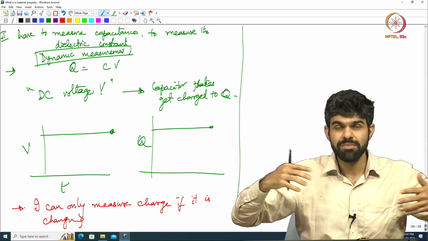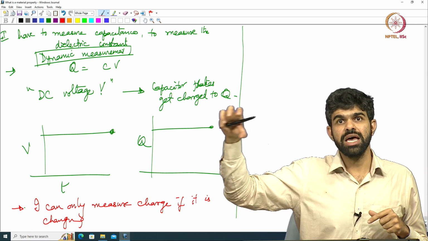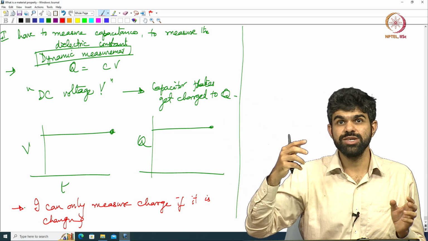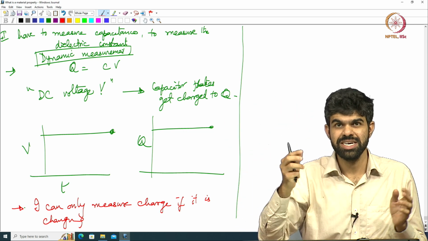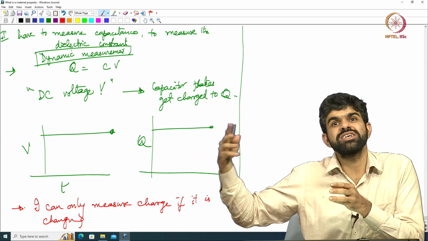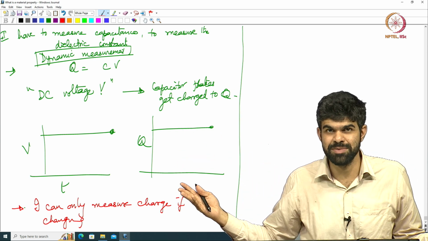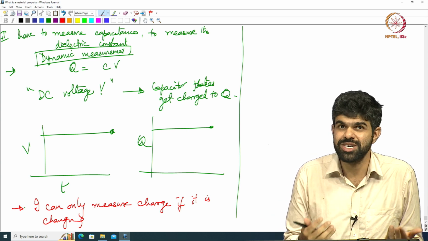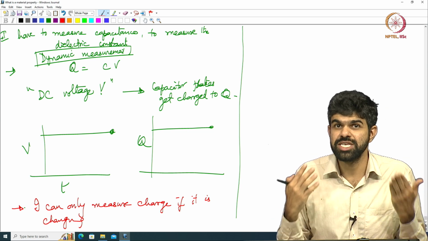Why? Because if charge is changing, I can put an ammeter that picks up the current. So, dq by dt is current, and current is picked up by the ammeter. I can see how much current I am measuring and for how much time, and I can recalculate the charge. That is how I measure charge, a very simple way of doing a charge measurement.